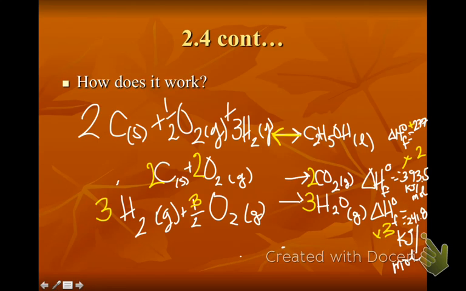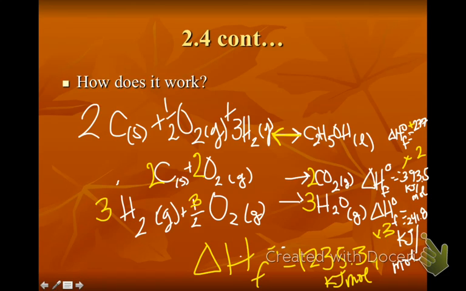Second, carbon dioxide is a product, so we can leave it in that direction. However, we needed to have 2 moles of carbon dioxide, so we're going to multiply that by 2 and everything else by 2, including our delta H value. So come over here and multiply our second delta H value by 2.